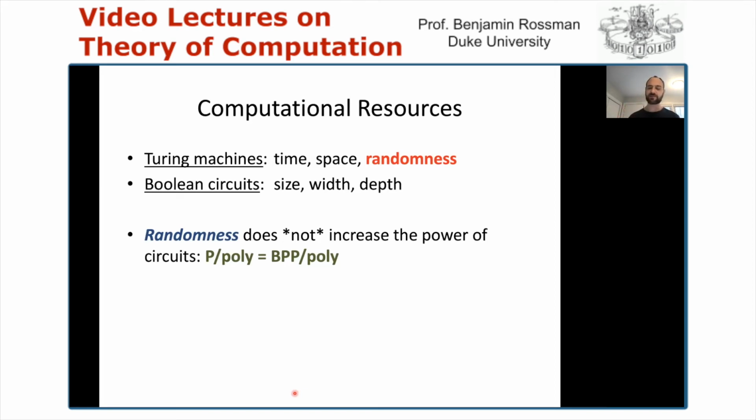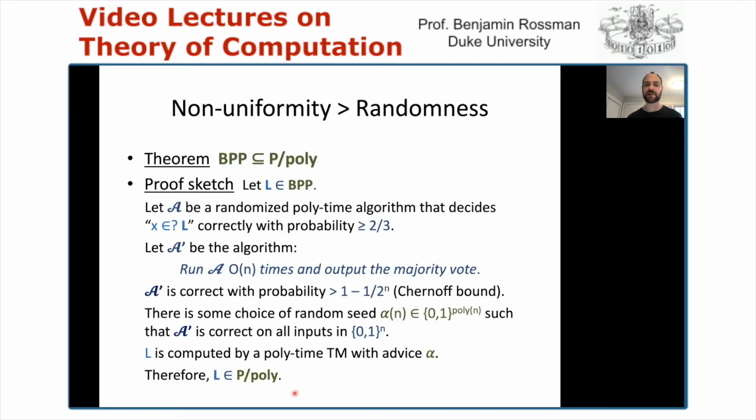And I'll give a very quick sketch of how the proof of that result goes. So let's just show that uniform BPP, the class that you've encountered so far, so randomized polytime algorithms, is contained in P/poly, poly-sized circuits. So you can also think of this result as saying that non-uniformity is more powerful than randomness.